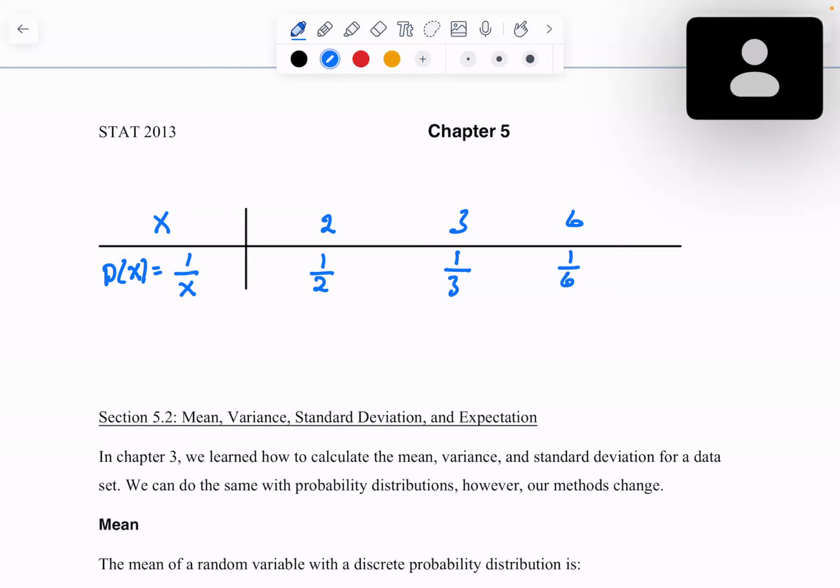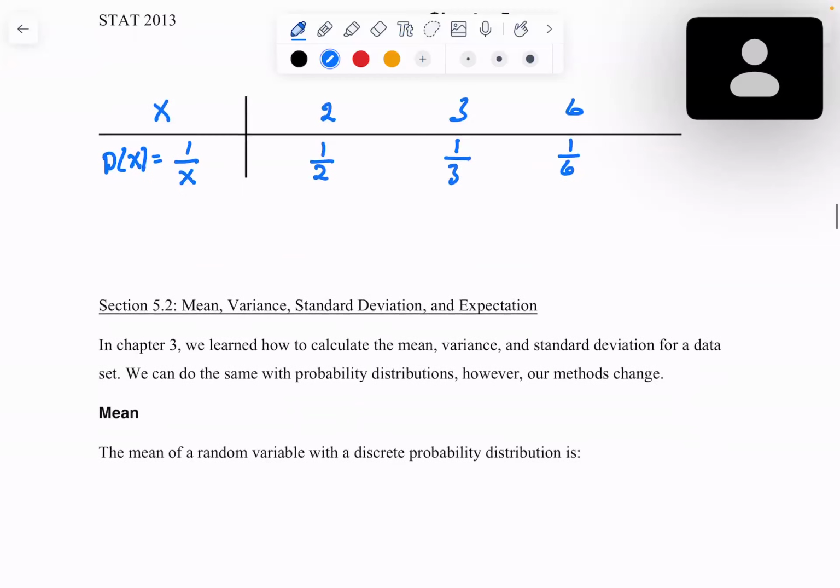So now we've created the probability distribution. Now we want to verify that it is actually a proper probability distribution. So the first question, remember, is do all the probabilities fall between 0 and 1?